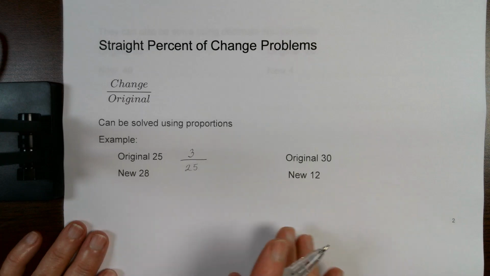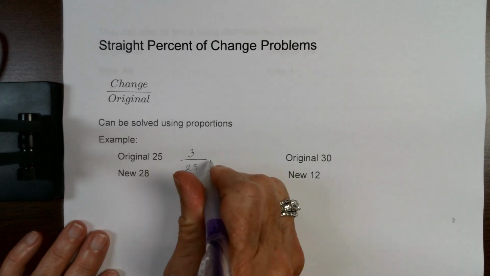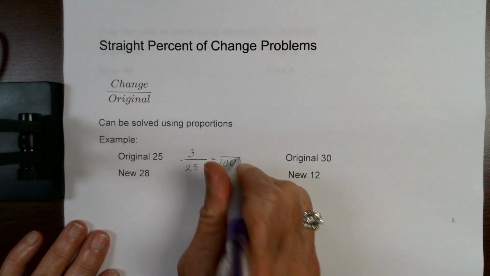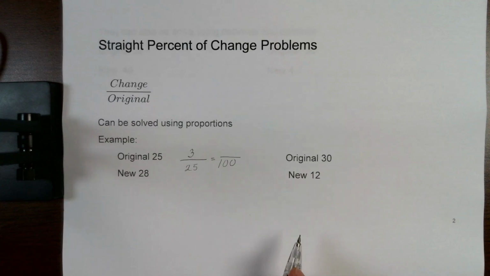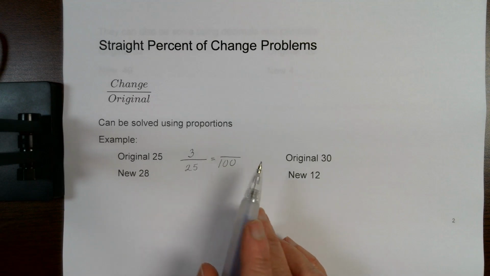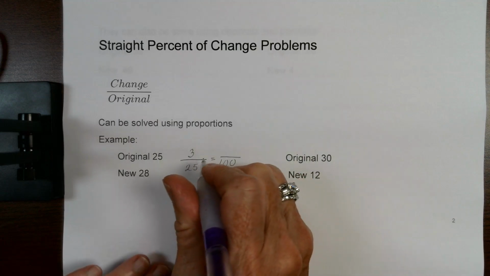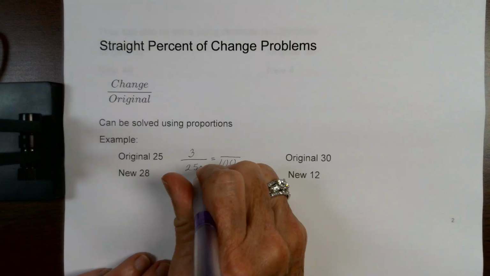Well, I want to turn this into a percent. And percents are based on 100. So I want to write a fraction that has 100 on the bottom, and I'll know that the percent is whatever I get right here on the top. So if I look at this, I'm going to go 25 times 4.